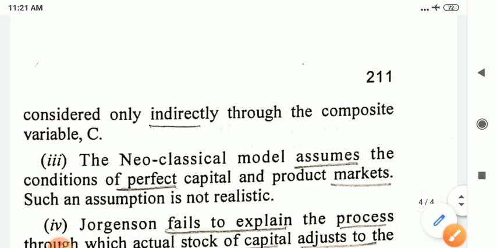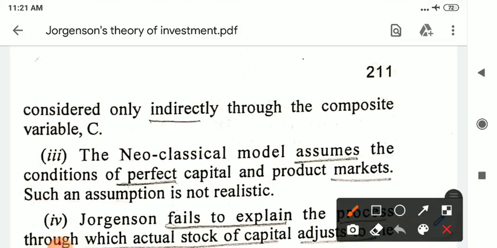Now this very impact is explained very indirectly by Jorgensen, because we have actually taken the influence of user cost of capital on investment, and then different types of variables are said to have an influence on user cost of capital. So in this way we can say that just an indirect type of influence of various variables is shown on the investment function.